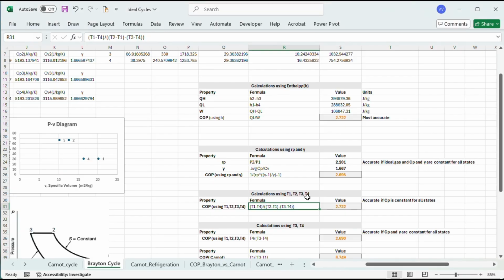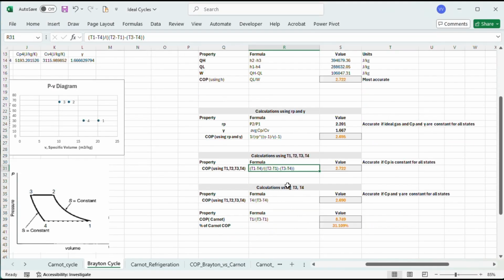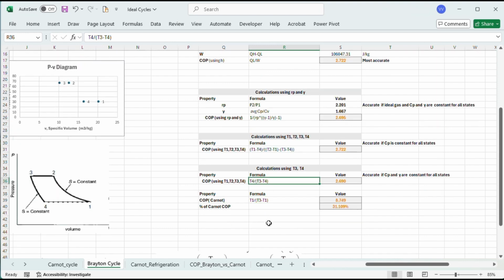All right. And then we calculated using another temperature equation, with T3 and T4. And we also calculated the COP of Carnot and compared the efficiency of this system with the Carnot.